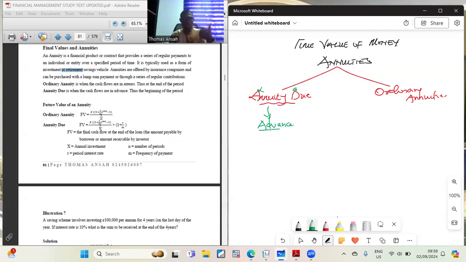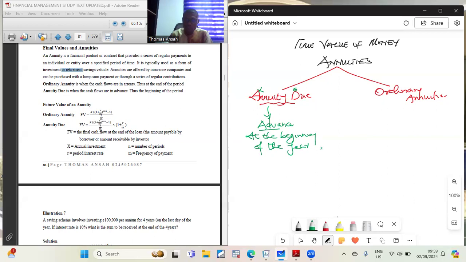You see, advance means at the beginning. It means that the cash flows are at the beginning of the year.